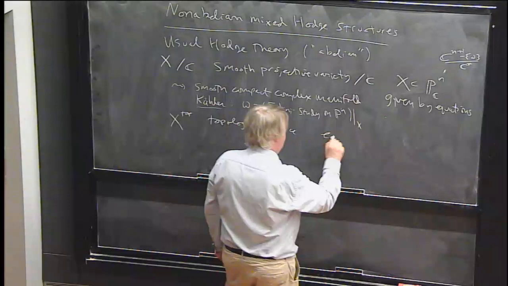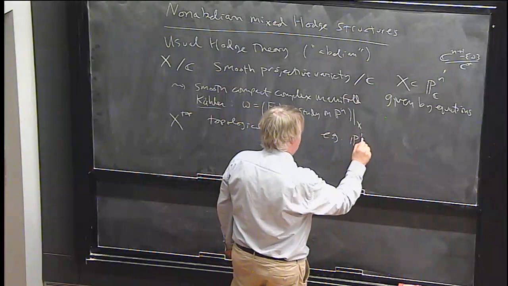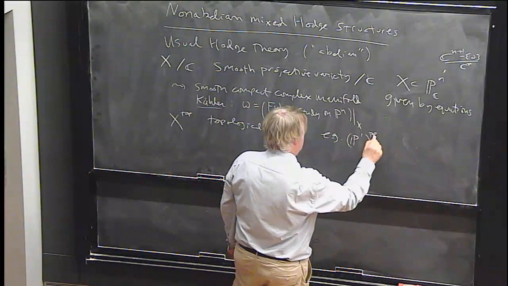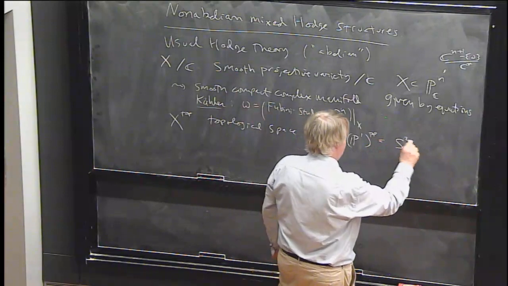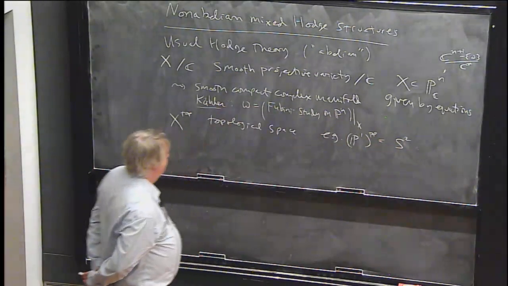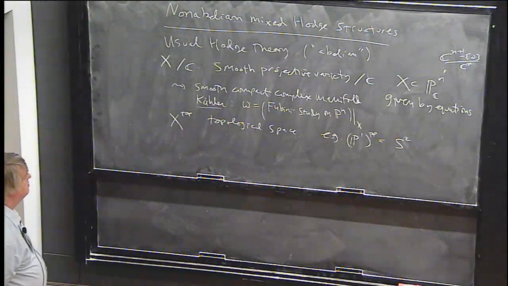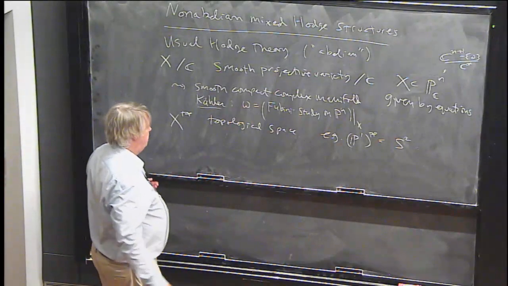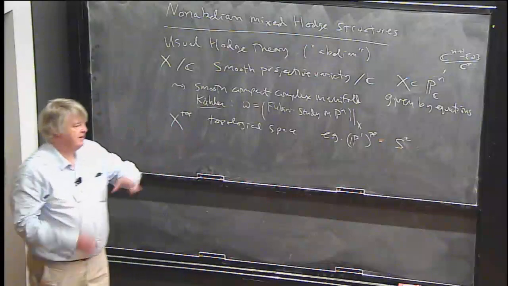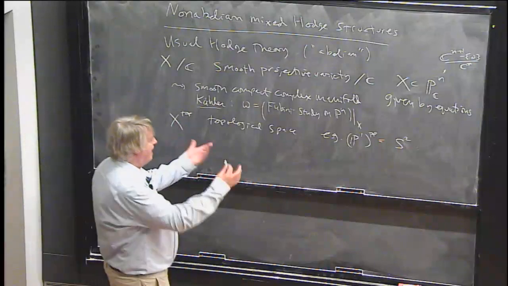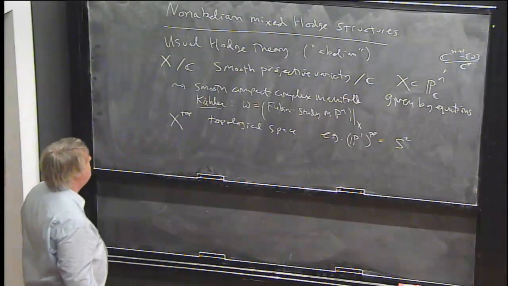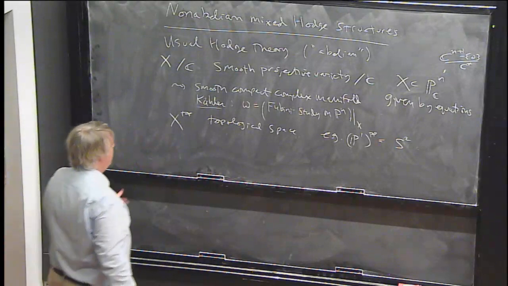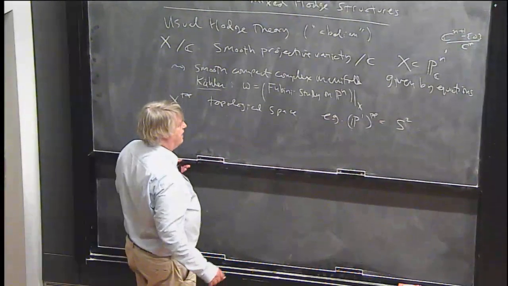So for example, P1 top is the two-sphere. And if X was a curve of genus g, then it's a topological manifold of genus g. Okay, so now what are we trying to study?